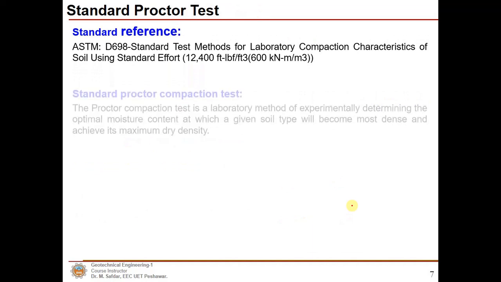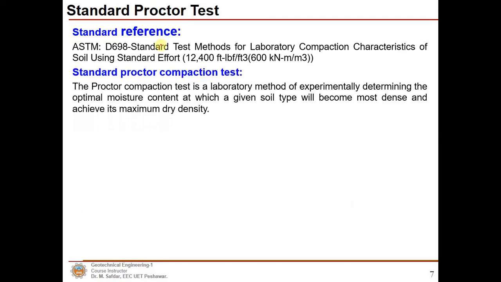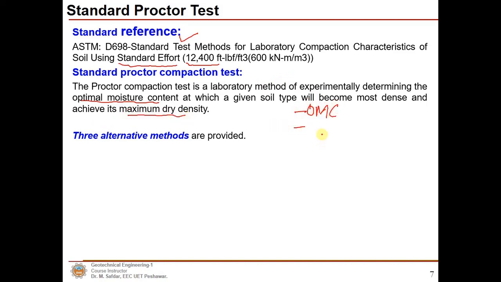Starting with the standard Proctor test, the ASTM standard is given, where a standard effort of 12,400 foot-pound per cubic feet is needed to compact that soil. The Proctor compaction test is a laboratory method of experimentally determining the optimal moisture content, OMC, and the maximum dry density, rho d, or gamma d.